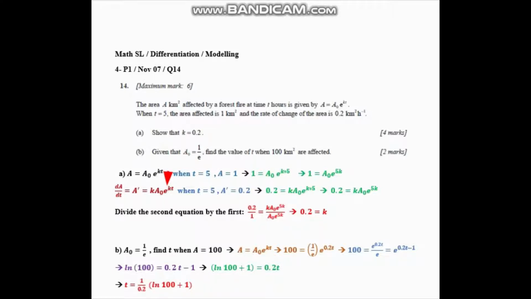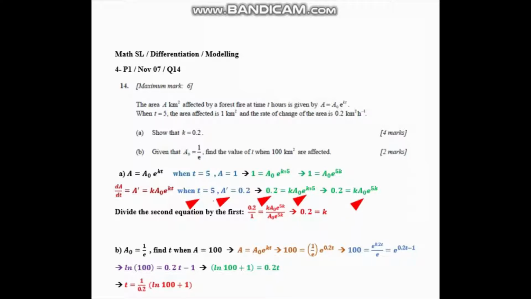So A naught e to the power of kt gives me k A naught e to the power of kt. Next, I plug in the given information, which is that when t equals 5, the rate of change is 0.2. Hence, 0.2 equals k A naught e to the power of 5k.